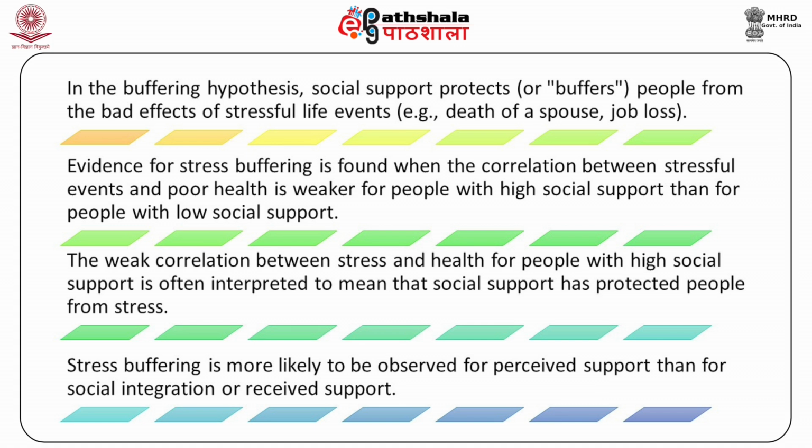The weak correlation between stress and health for people with high social support is often interpreted to mean that social support has protected people from stress. Stress buffering is more likely to be observed for perceived support than for social integration or received support.